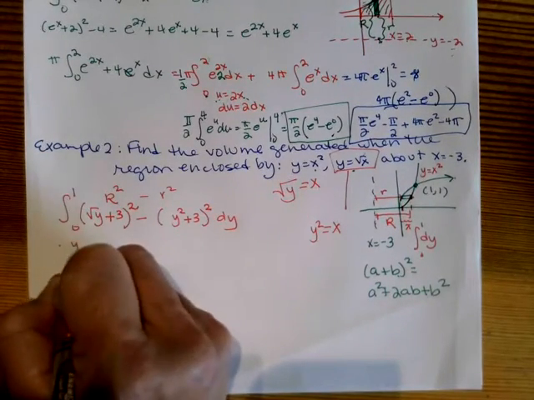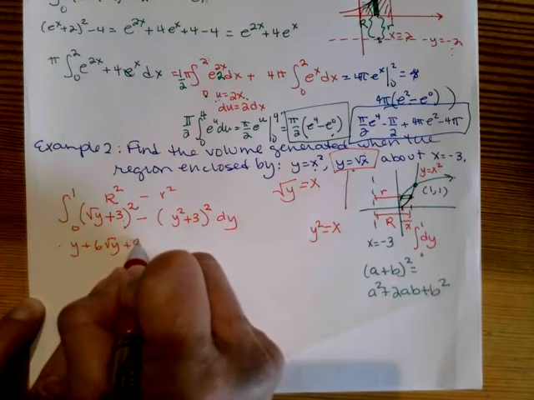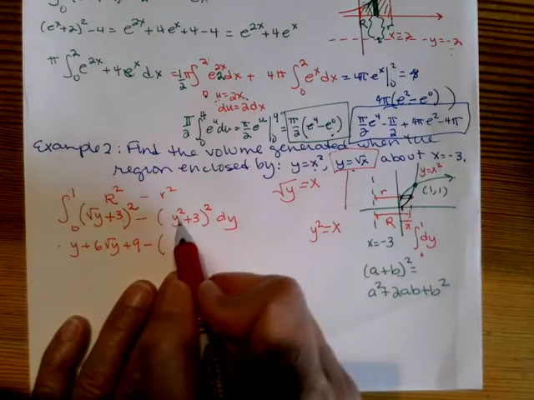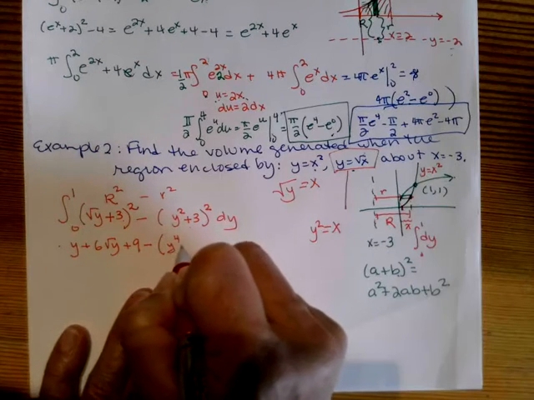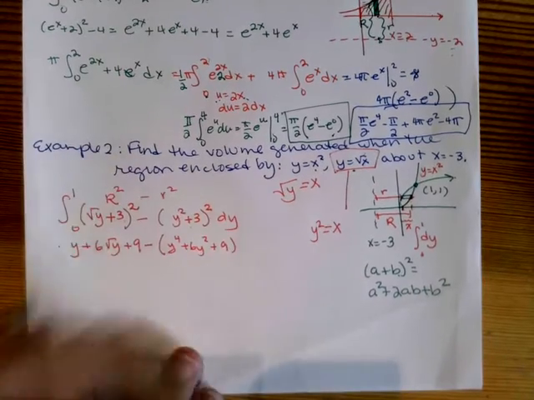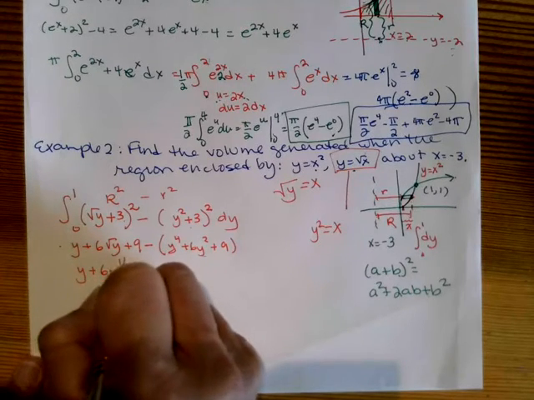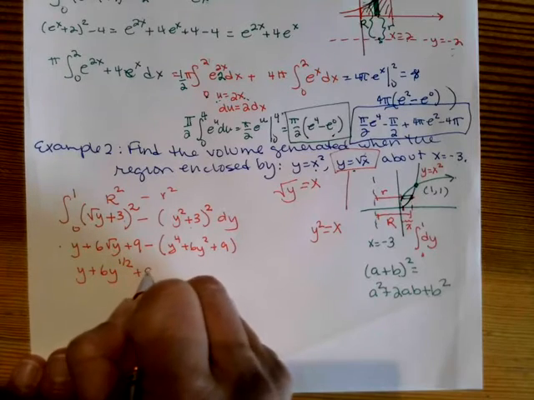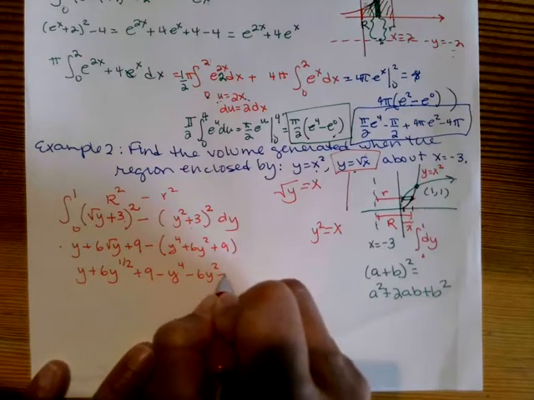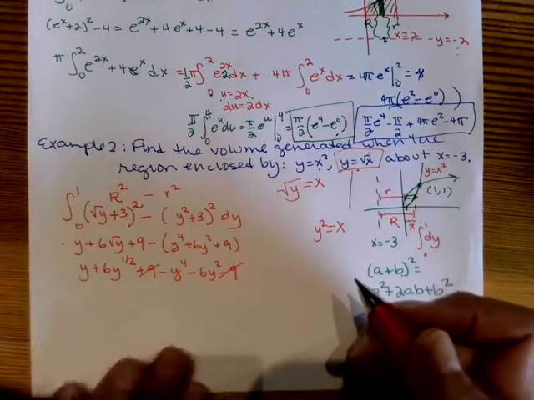Square the first, y, 2 times the product, so 6 square root y, square the last, minus, and since this is going to be more than one term, I'm using my parentheses, so squaring this binomial, I'll get y to the 4th plus 6y squared plus 9. Take my negative sign through. I have y plus 6, and I'm going to go ahead and go to fractional exponents, getting myself set up. Plus 9 minus y to the 4th minus 6y squared minus 9. And I can just get rid of the 9s. Everybody else is their own thing.